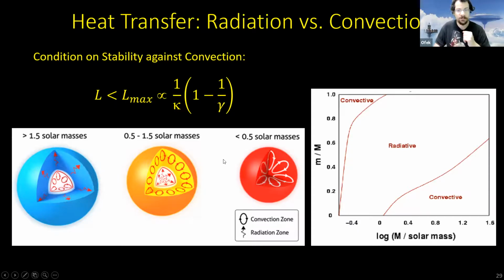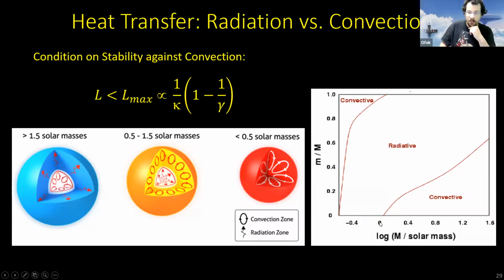these things will be determined by convection processes, whether there is or isn't convection. Here on the right, you can see another depiction of the same end result, which is, depending on the mass of the star on the x-axis, which regions of the star are convective or radiative. And here you can see the y-axis is not given in terms of radius r, but in that mass parameter we discussed earlier, fractional mass m over M. And so you can see that our sun is exactly here at 0, log 0, 1 solar mass.